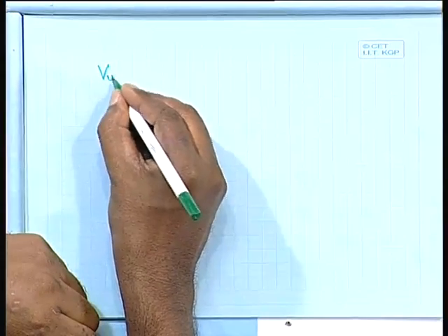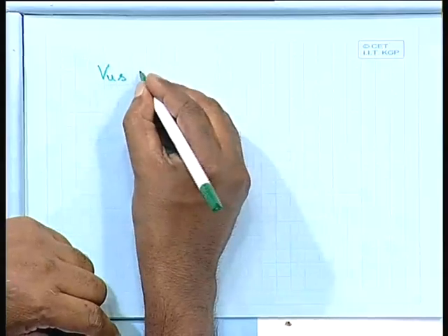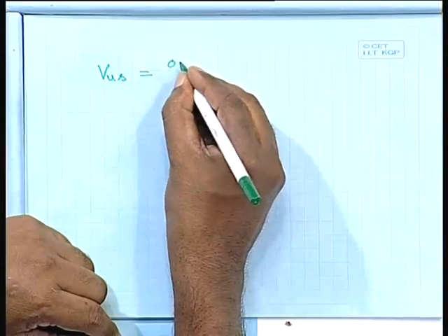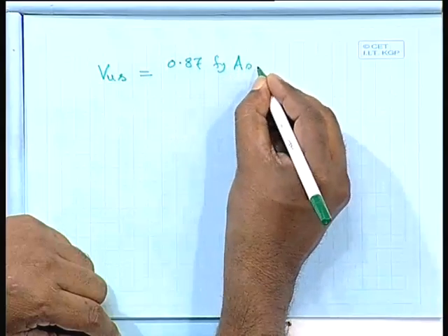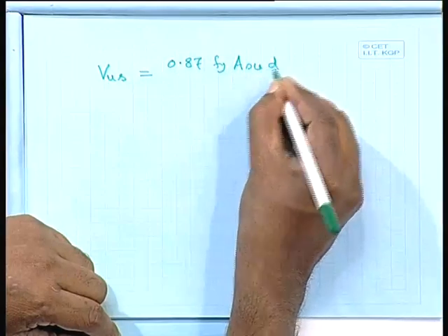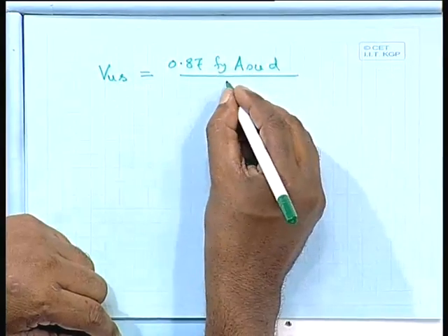VUS, as per the code, is 0.87 Fy times ASV times D divided by SV, the spacing.